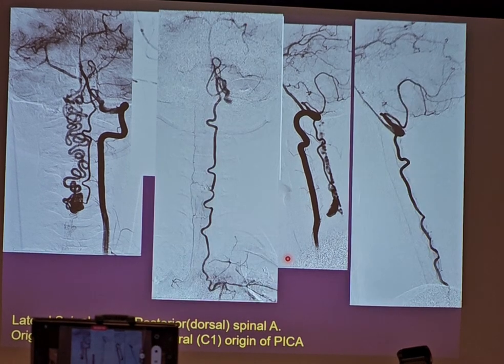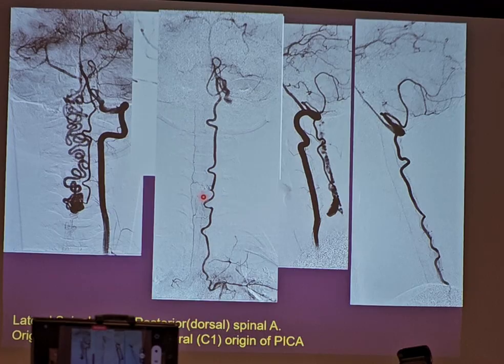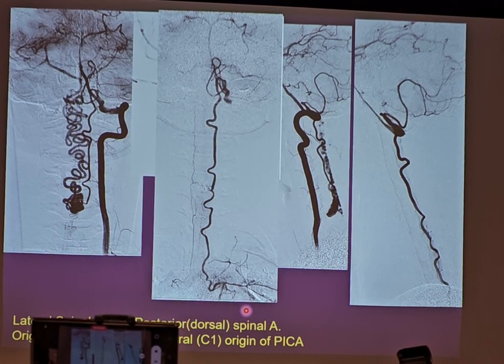And for sure, to prove that it's the same system, after we were able to embolize this, we injected and checked the supreme intercostal at the upper thoracic level, and we see this posterior or dorsal spinal artery hooking with the system coming down, and this is a remnant of the previous embolization.